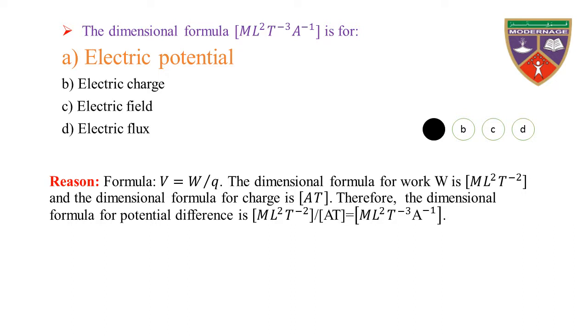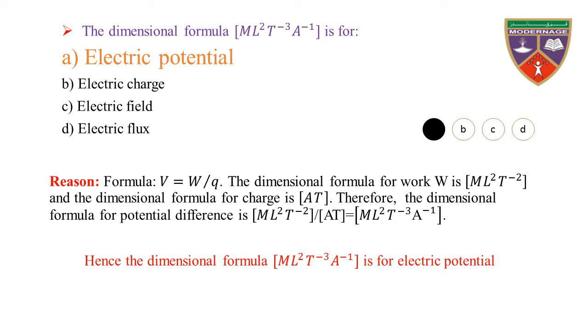Therefore, the dimensional formula for potential difference is [M L² T⁻²] divided by [AT], which is equal to M L² T⁻³ A⁻¹. Hence, the dimensional formula [M L² T⁻³ A⁻¹] is for electric potential.